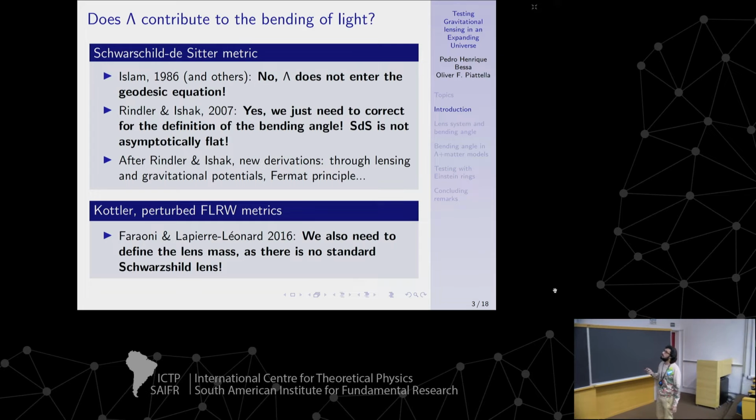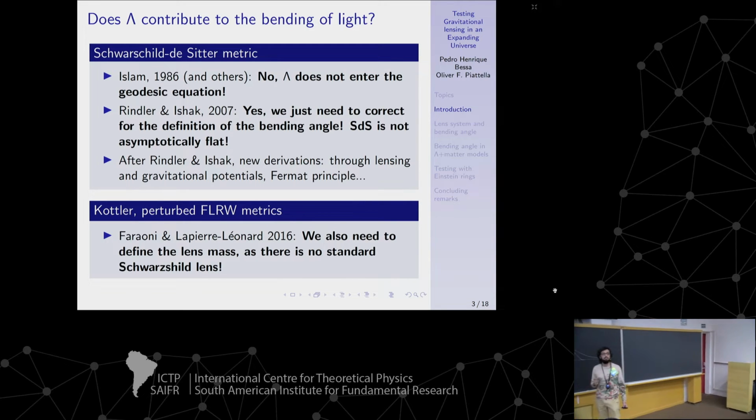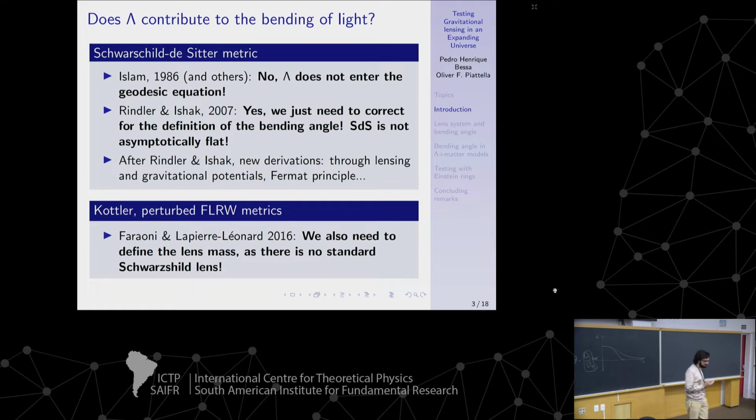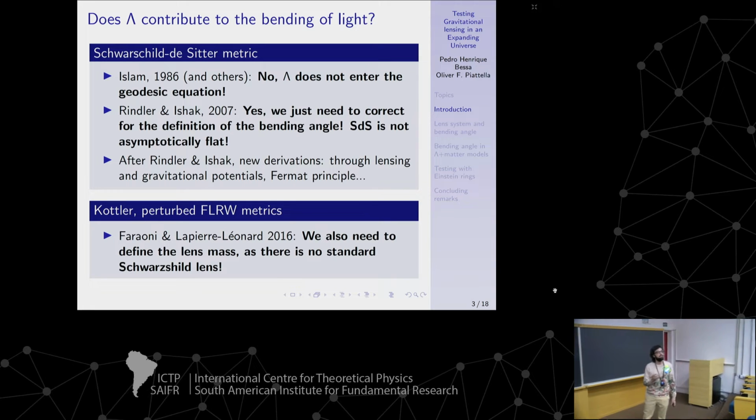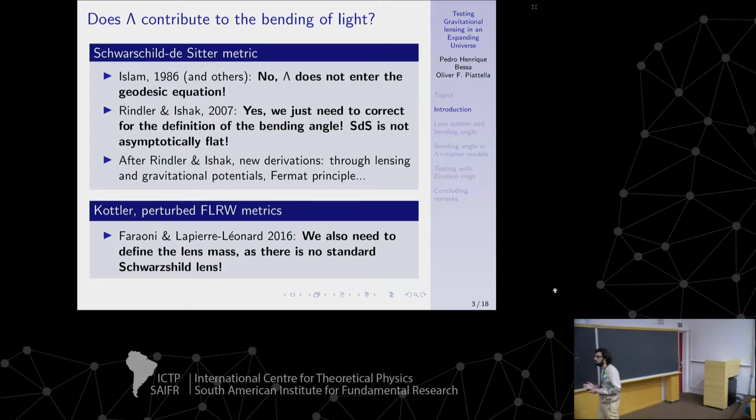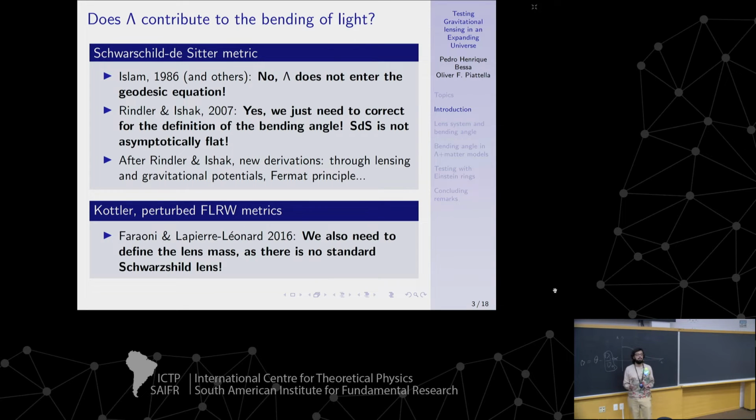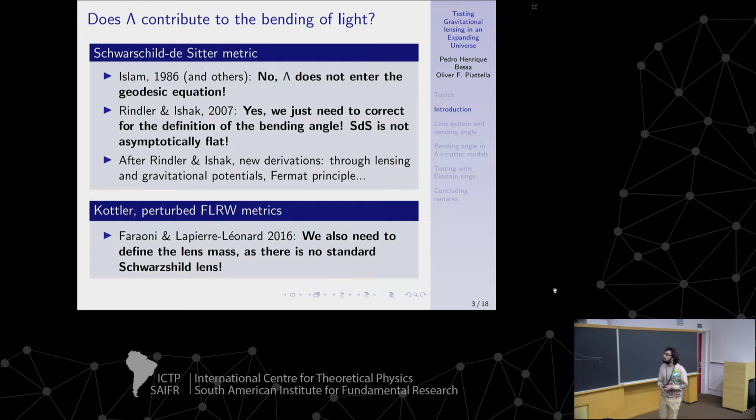However, Rindler and Ishak mentioned that there's an issue with how Islam proceeded, which is that he didn't take into account that you can't define bending angles in Schwarzschild de Sitter as you can in Robertson-Walker and in Schwarzschild, mainly because Schwarzschild de Sitter is not asymptotically flat, right?